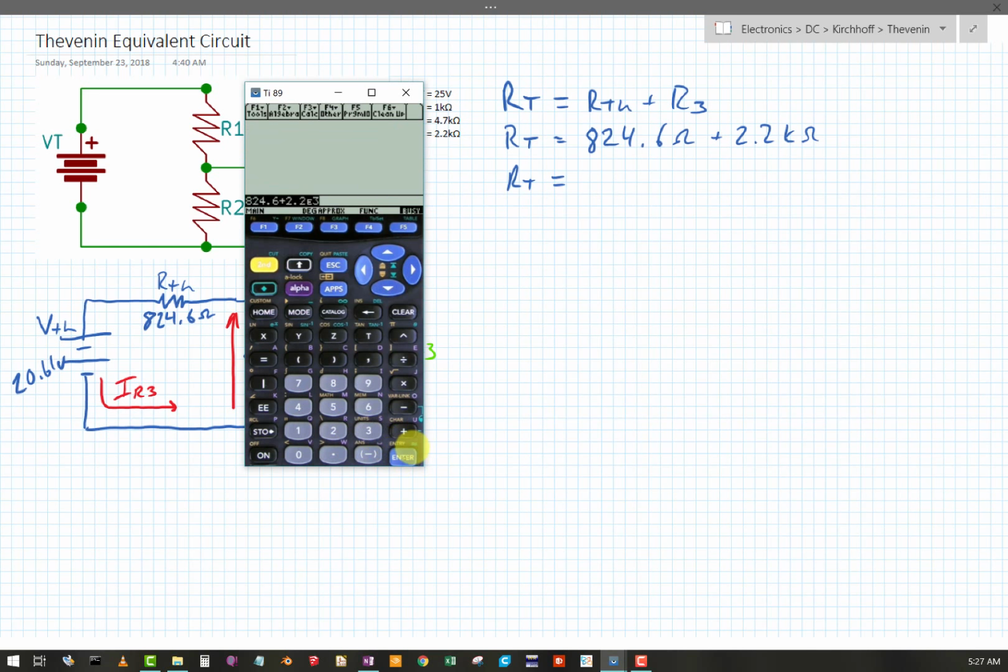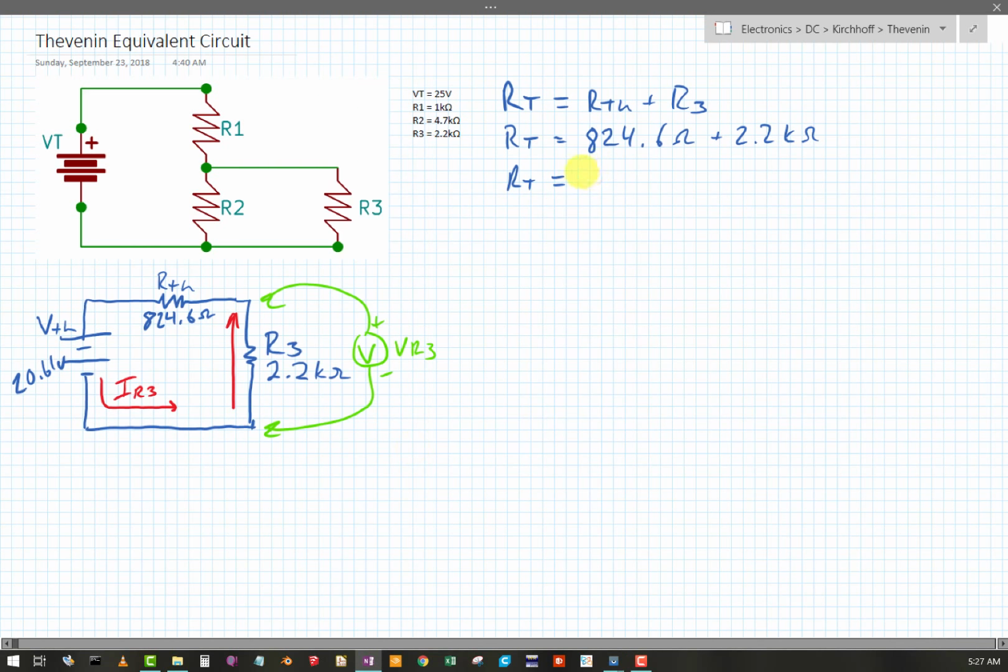See if my mental mathing was close. Yeah, pretty close. Calculator rounded it off. I'll go ahead and use that number. 3.025k, or just 3025, which actually is simpler to write, but there it is.